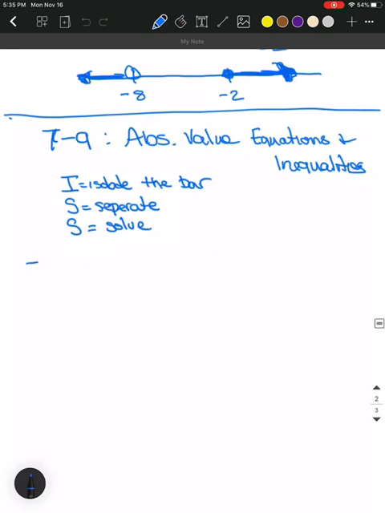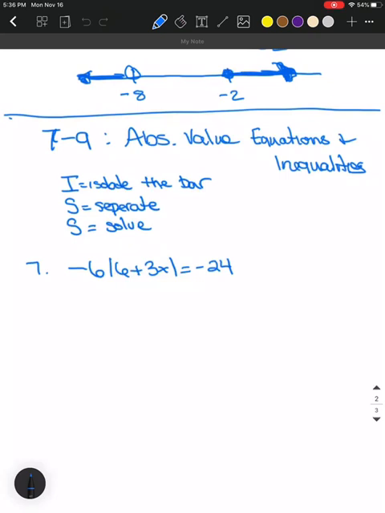So number 7, we have to solve this. I'm sorry, number 7 is not an inequality, it's an equation. So we're just going to solve it. We have -6 times the absolute value of 6 plus 3x equals -24. So what we're going to do is isolate it.